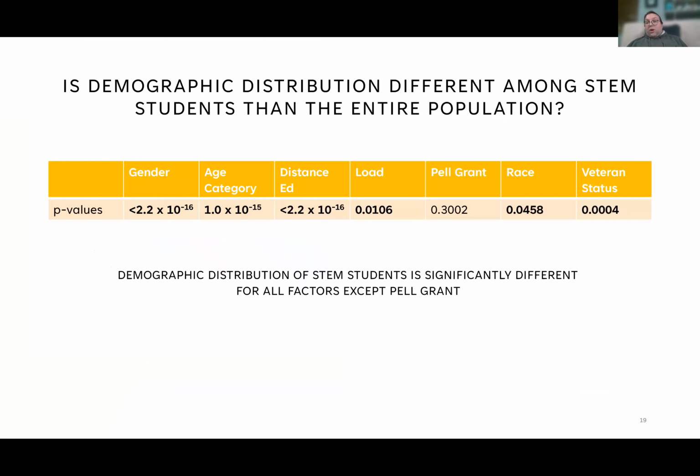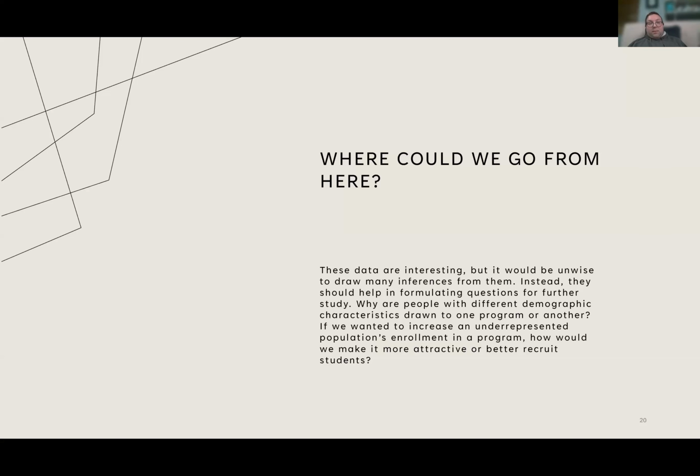So in conclusion, I was really interested to explore different distributions by factor. I think there's a lot more I could do. I'd love to be able to dive more into the geographic data.